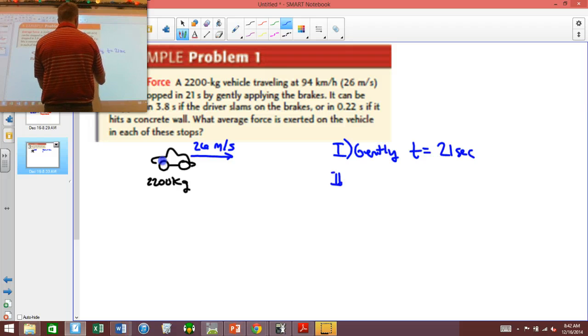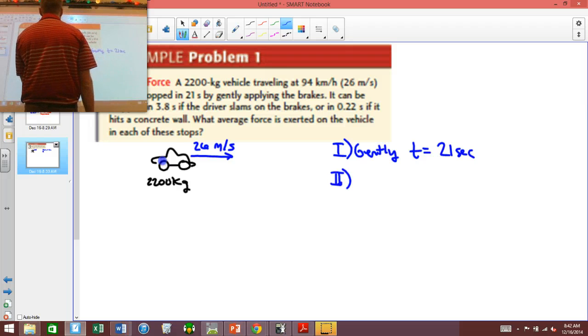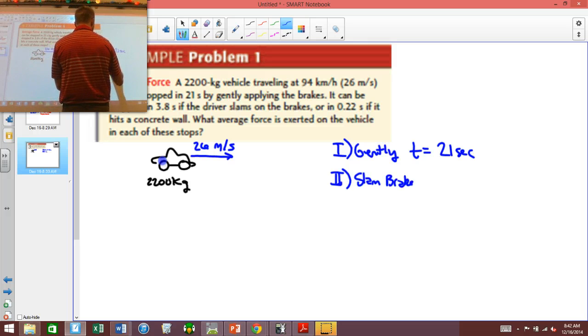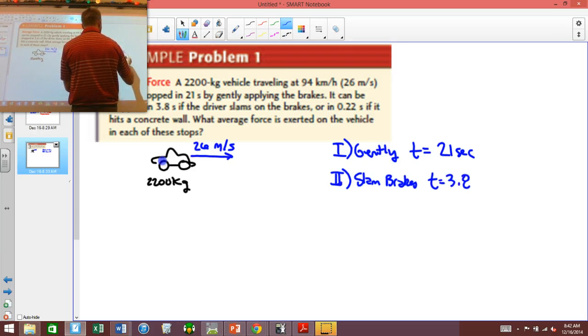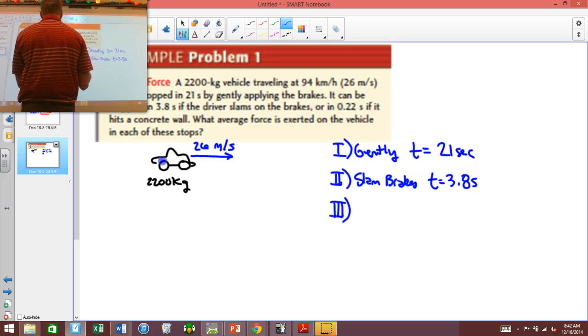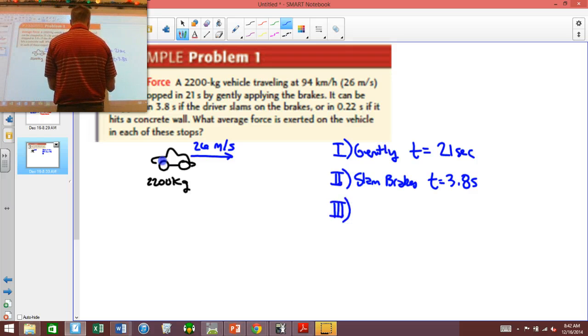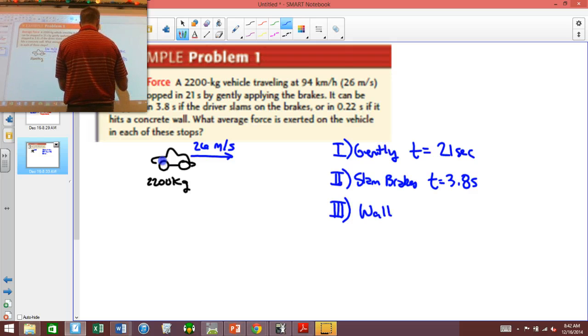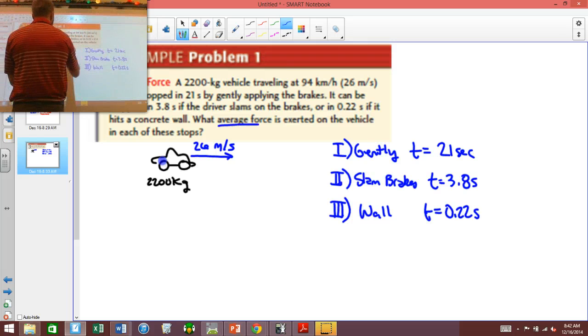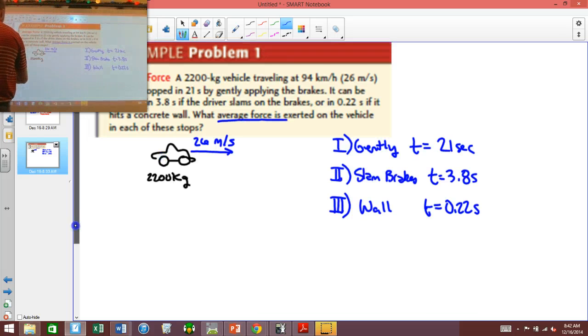Way 2, you can stop it not so gently, like slamming on the brakes, where your time is 3.8 seconds. Or you can run into a wall that stops you in 0.2 seconds. And the question is, what's the average force in each of these scenarios?